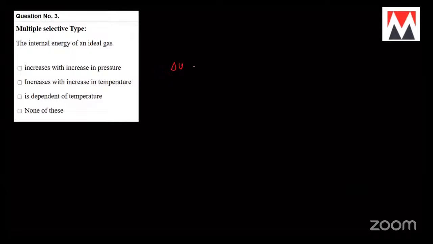Internal energy is nothing but heat transfer, the form of heat energy which is being transferred, which occurs at constant volume. Then what is enthalpy? The same heat energy transfer, heat absorbed or released, which occurs at constant pressure.